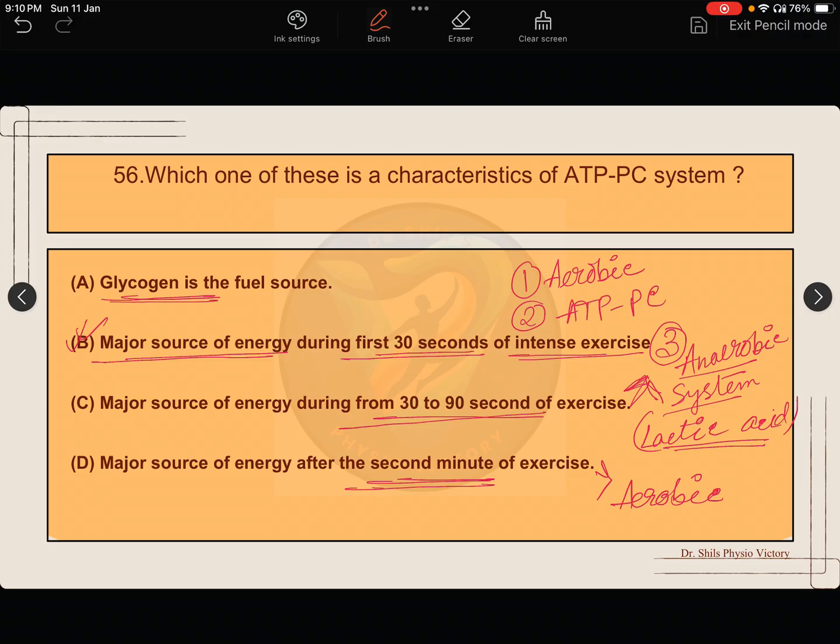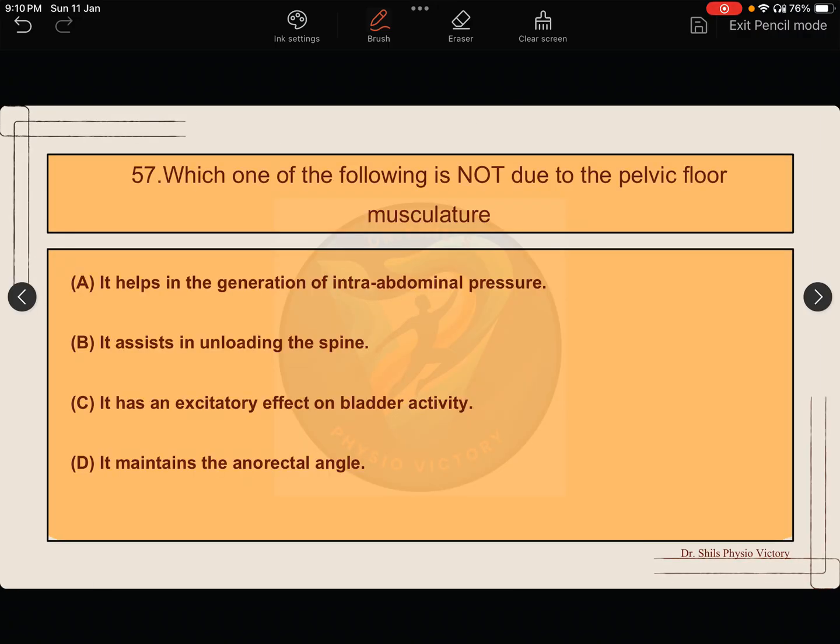Next, come to question number 57. Which one of the following is not due to the pelvic floor musculature? Option A, it helps in the generation of intra-abdominal pressure. Option B, it assists in unloading the spine. Option C, it has an excitatory effect on bladder activity.